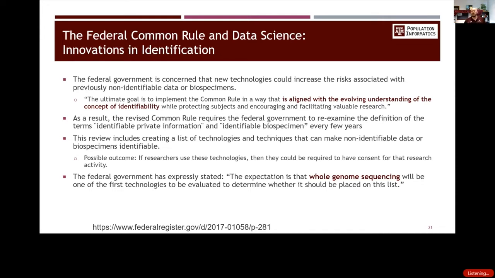So in this space, one of the technologies that the government has said it's going to look at first is whole genome sequencing. And for those of you that work with biospecimens, you might ask the question, well, aren't biospecimens inherently identifiable through genetic technology?